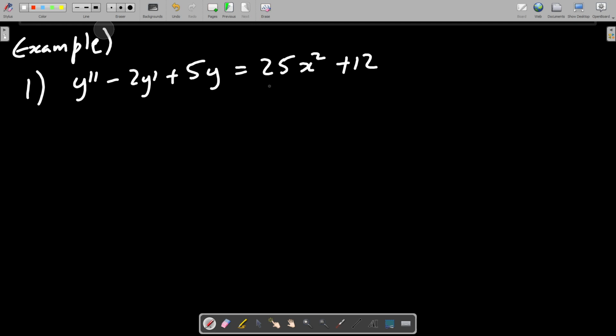So how to solve this equation: there are two parts involved here.